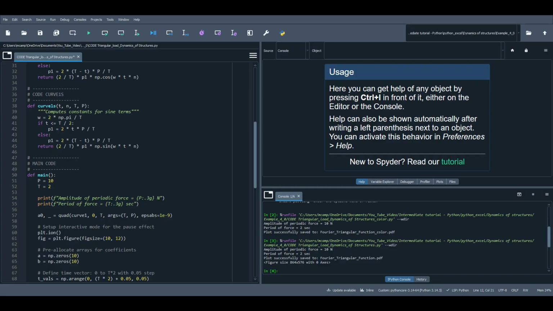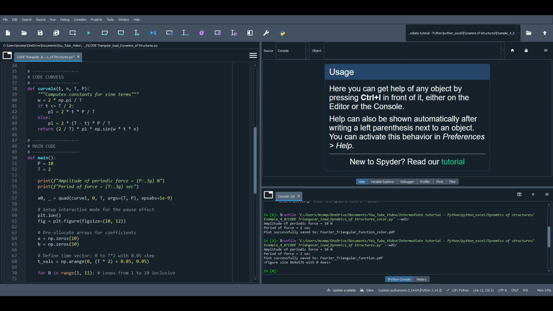T equal to 2, set the fundamental period of the wave to 2 seconds, and print these values, the amplitude force in Newton and the period in seconds. In line 57, a0 equal quad curve1, 0, T, args A, T. Use quad to integrate curve1 from 0 to T. It passes the T and A as arguments. And set the error tolerance. It returns the integrated value to a0 and discards the estimated error.